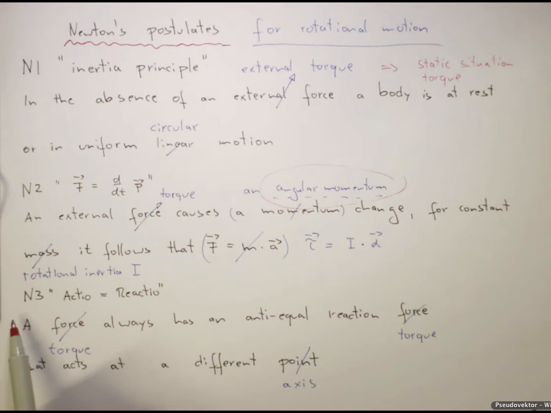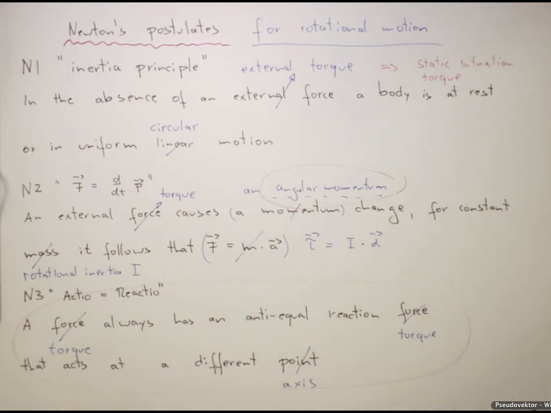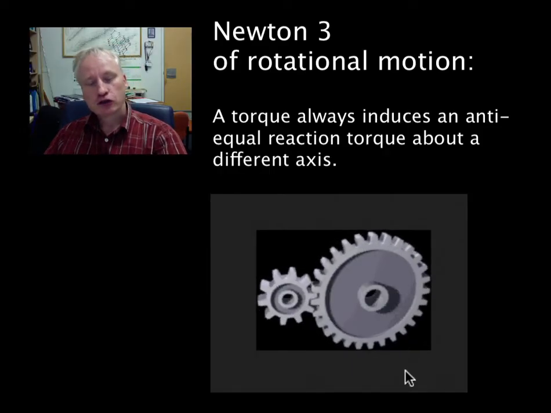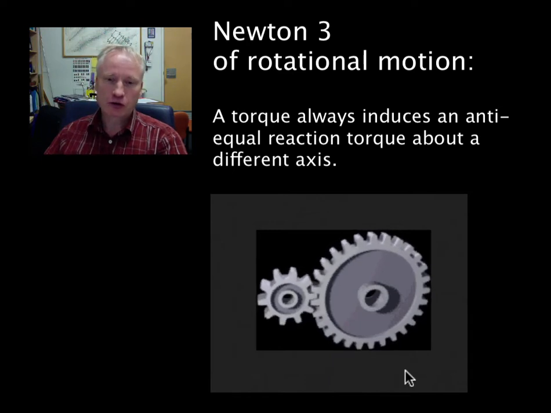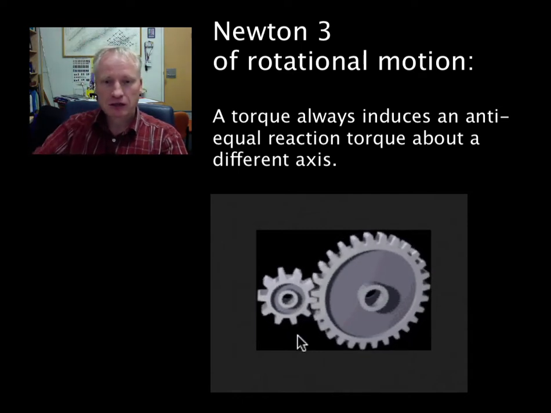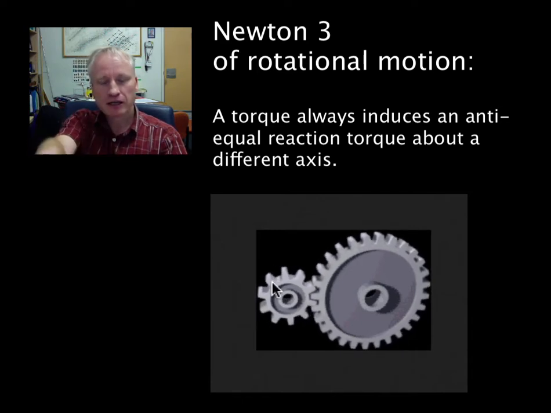And Newton 3, actual equals reactual, needs a little bit more of a motivation, and we'll do that using the example of cogwheels. These two cogwheels illustrate the relevance of Newton's third law of rotation. In order to move in an anticlockwise sense, the bigger cogwheel needs to receive a torque that is left-handed, so it's a negative torque, and it applies this torque here to the smaller cogwheel, which moves in a right-handed sense.